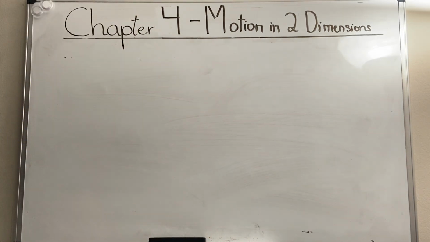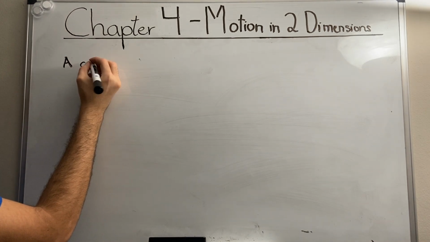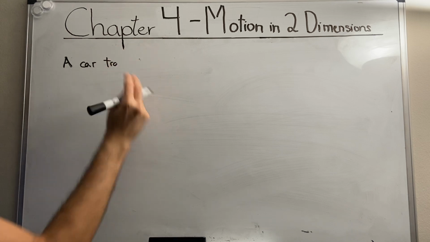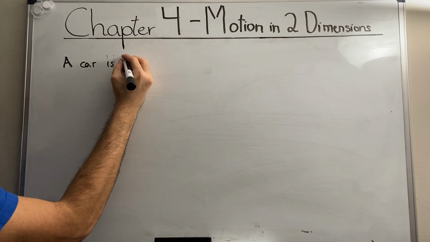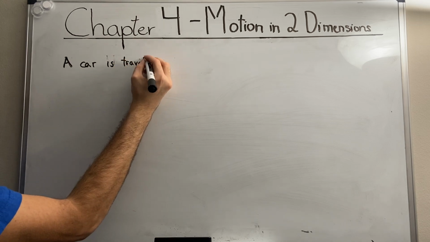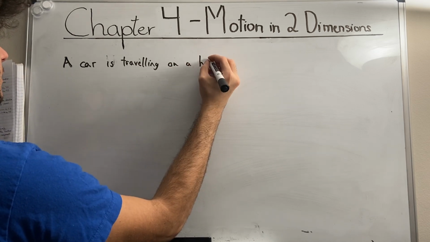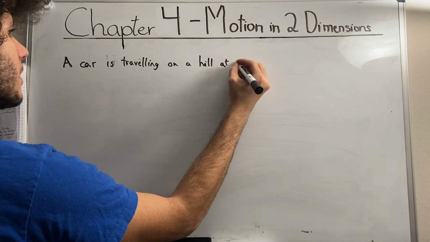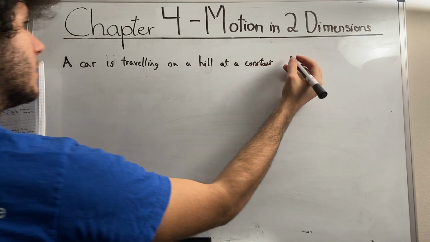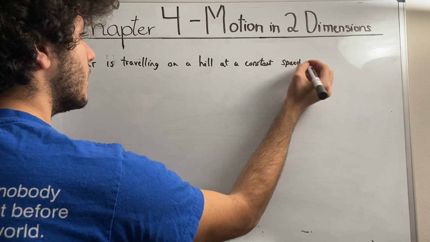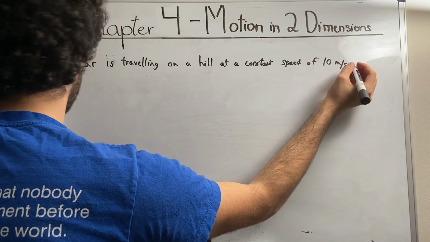Say we have a car that is traveling on a hill at a constant speed of 10 meters per second.